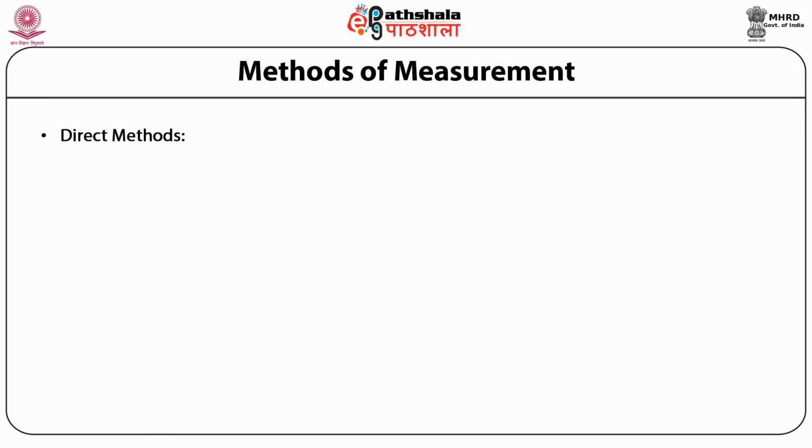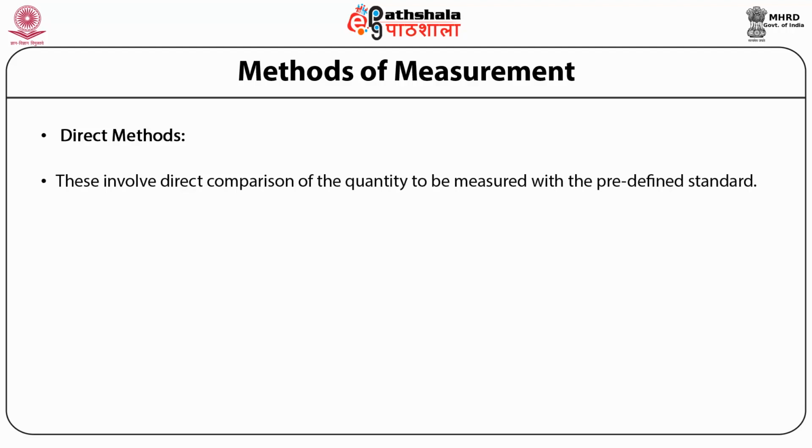So students, let us see what are the methods of measurement. Generally, the methods of measurement are organized in two categories: direct methods and indirect methods. First of all, let's see direct methods. These involve direct comparison of the quantity to be measured with the predefined standard.